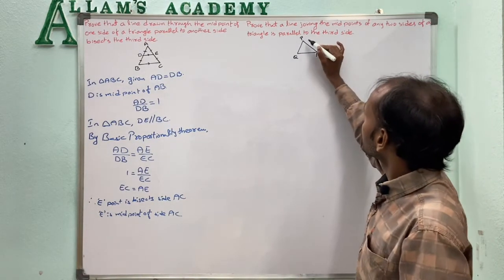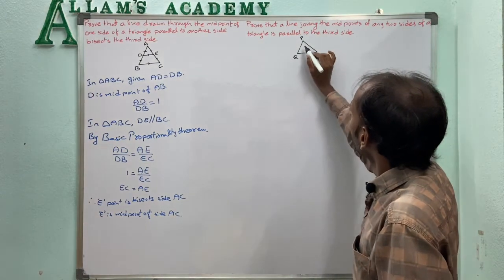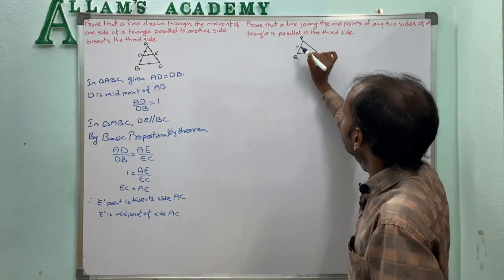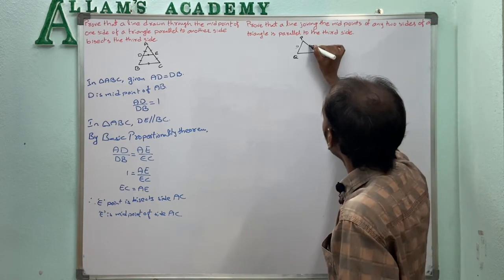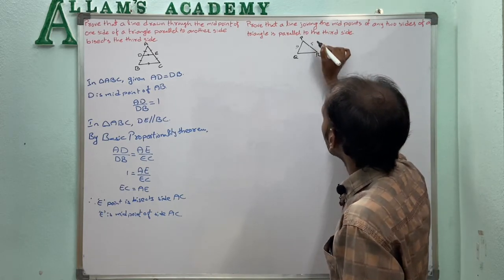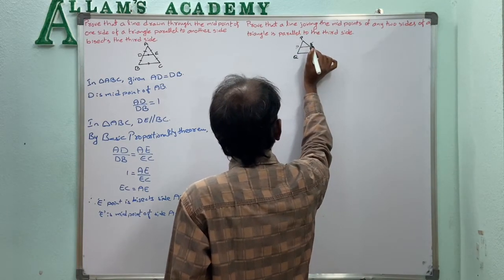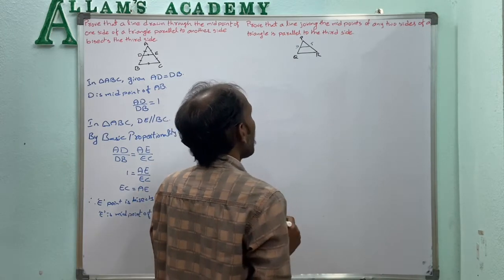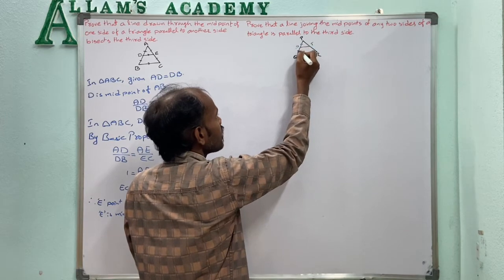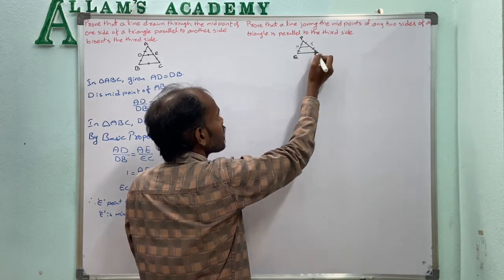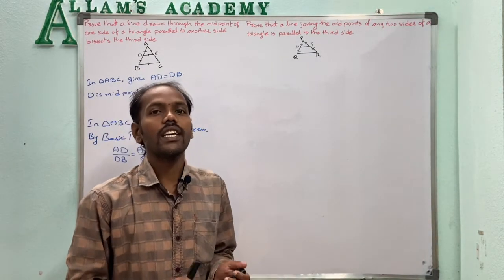That means I am taking on side PQ the midpoint as S and on PR the midpoint as T. Now the points S and T are joined. Now it is the line segment ST, and here given that these are midpoints, that means PS length and SQ length are equal, and PT length and TR length are also equal.